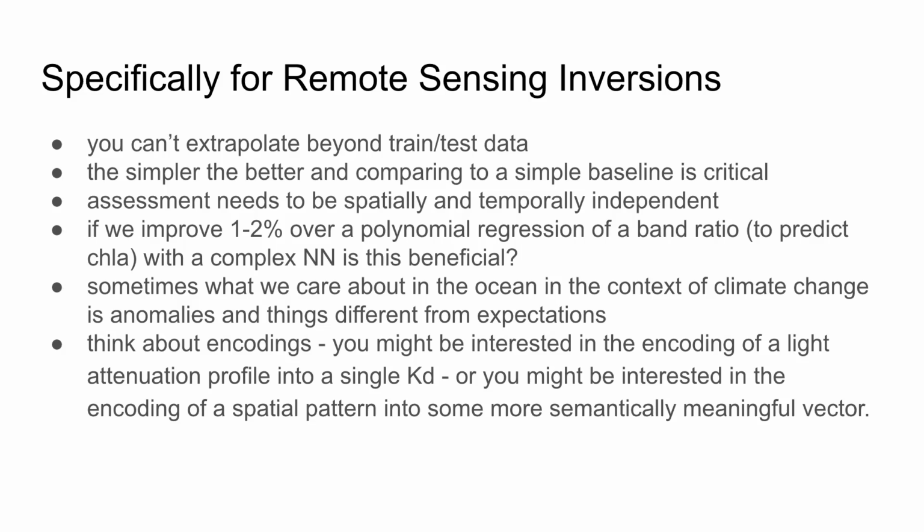I often think about this as different ways of encoding. So again, you can encode light attenuation into a KD value based on physical insight and how you know the physics works. But if you want to encode a spatial pattern of chlorophyll, it's not clear how you can do that without machine learning.